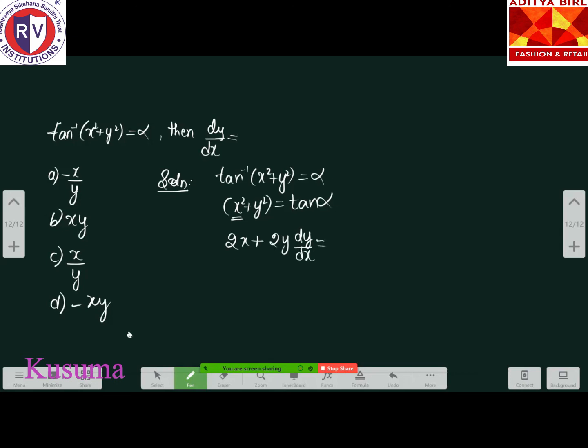What about RHS? What is the differentiation of tan alpha with respect to x? 0. Very good. Now we need dy by dx. Dy by dx will be minus 2x by 2y, or this will be minus x by y. So option A is the right answer.